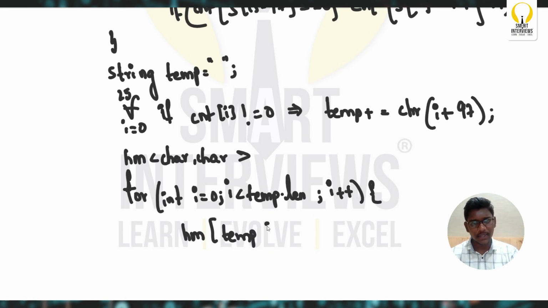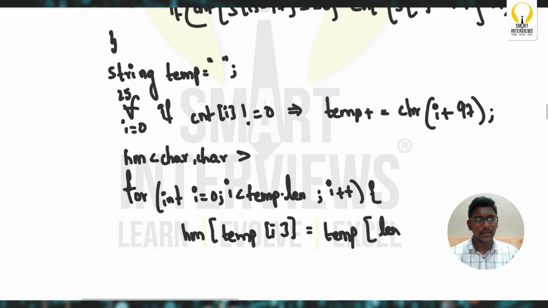HM of temp of i is equal to simply temp of temp dot length minus i minus 1.